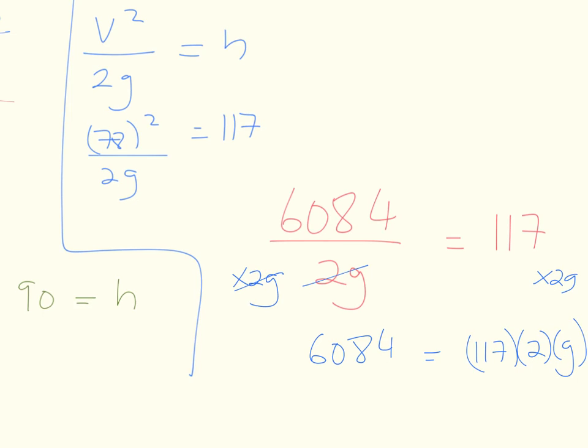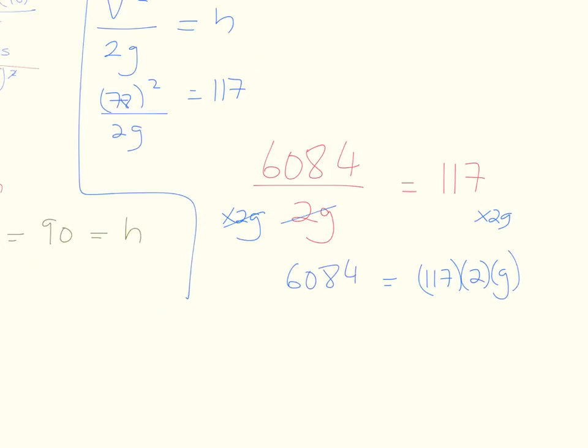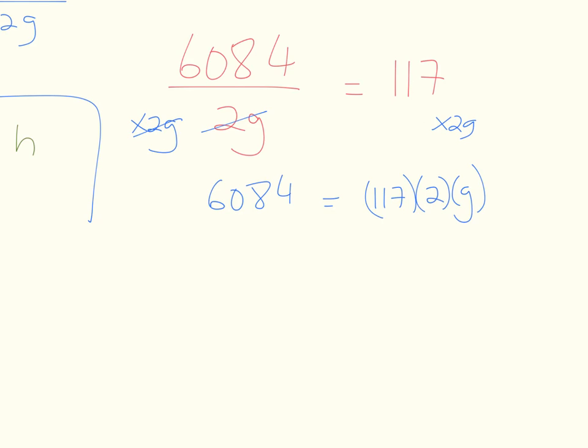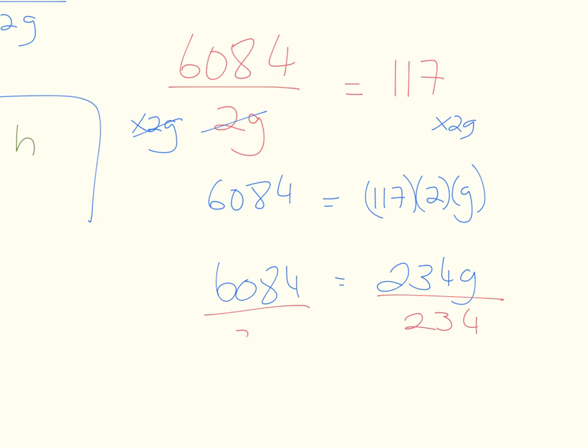And again, we are not looking for 117 times 2 times g. We're just looking for g. I could tidy up my numbers here a little bit, and 117 multiplied by 2 is 234. So essentially what I have here is 6084 equals 234g. But again, the question asks me to find g. So we divide by 234 here and 234 here.